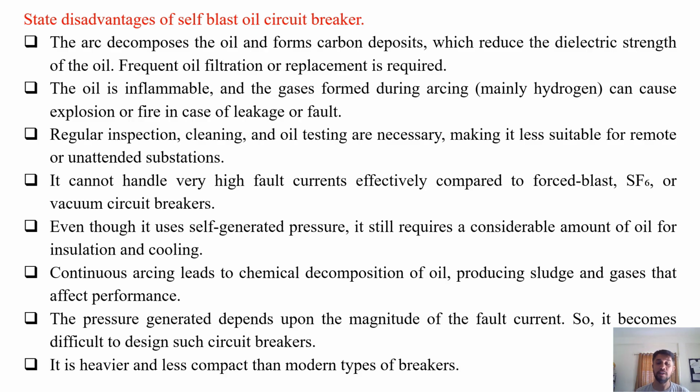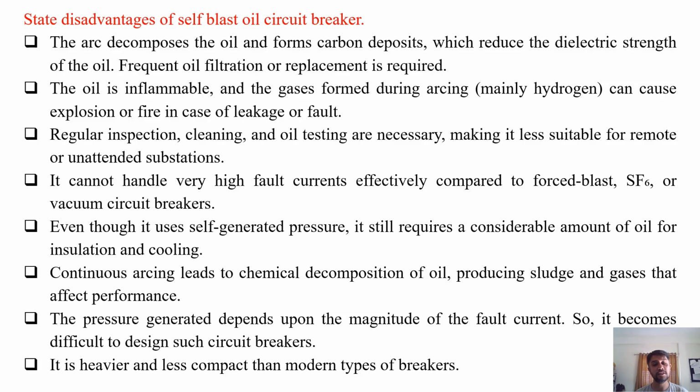Regular inspection, cleaning and oil testing are necessary, making it less suitable for remote or unattended substations. It cannot handle very high fault current effectively compared to forced blast, SF6 or vacuum type circuit breakers. Even though it uses self-generated pressure, it still requires a considerable amount of oil for insulation as well as cooling purposes.